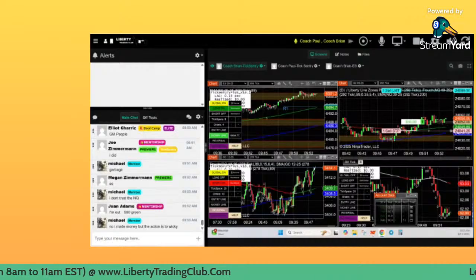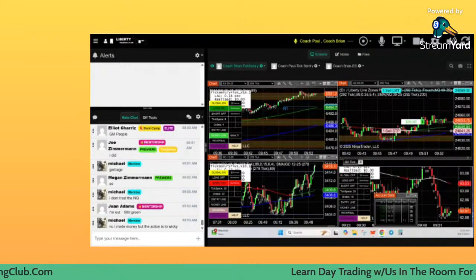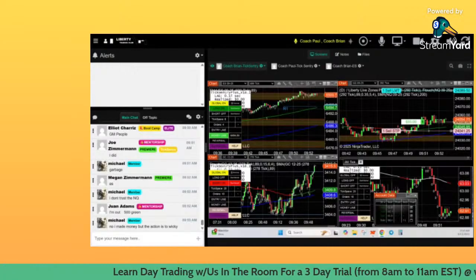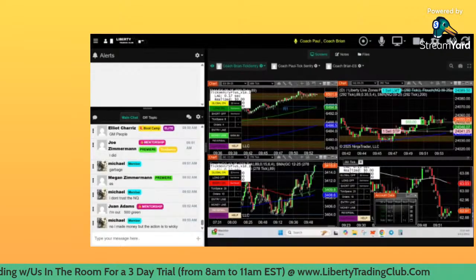If it breaks the high, if you're big green and you're not in a trade right now, both the NQ and ES are setting up for bull flag scenarios, and you know how to trade that.